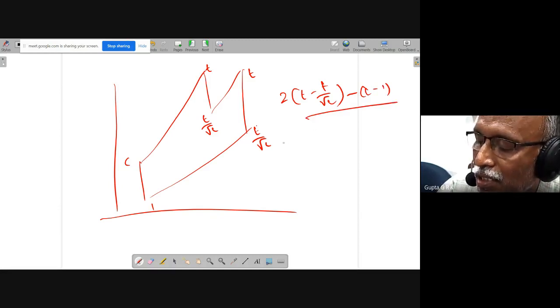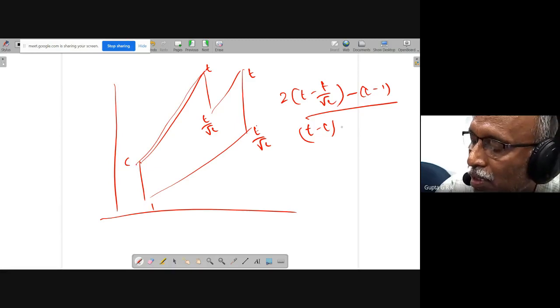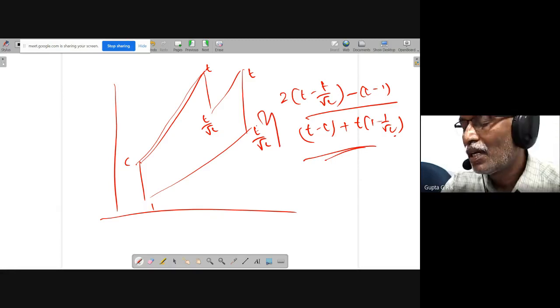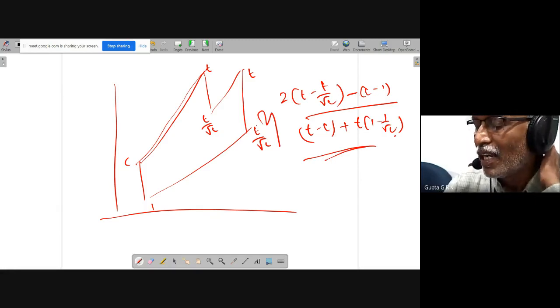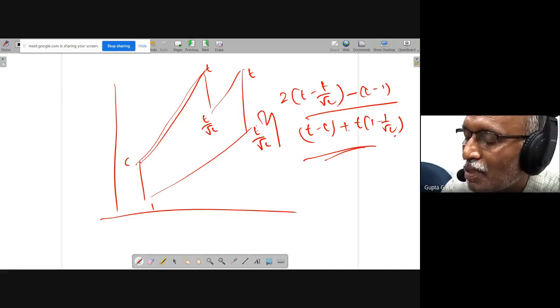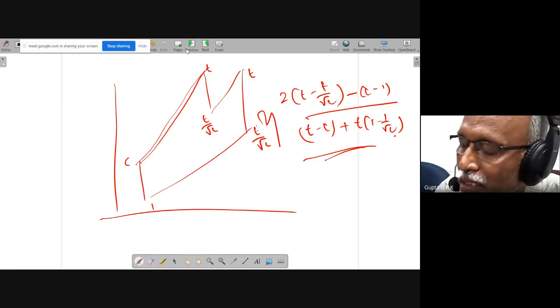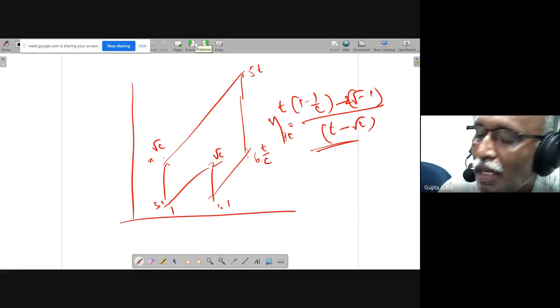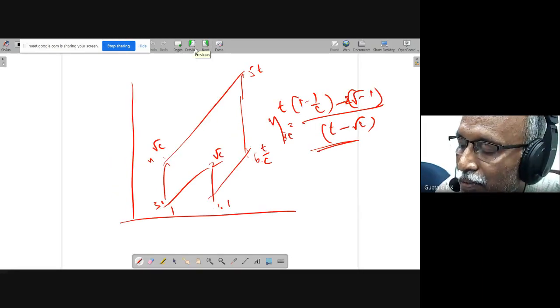Heat addition is T minus C, that is QH1, plus T into 1 minus 1 by root C. So like this, I can find the efficiency of the reheating cycle. It is very simple to remember and understand the formulae. It is just to give you some tips. Now coming to practical cycles.